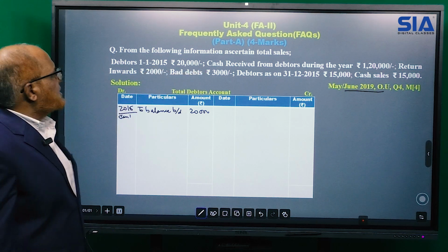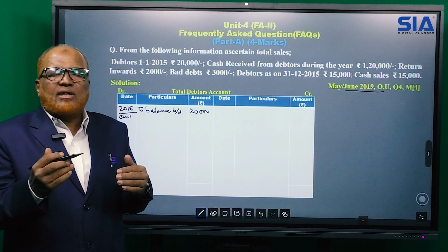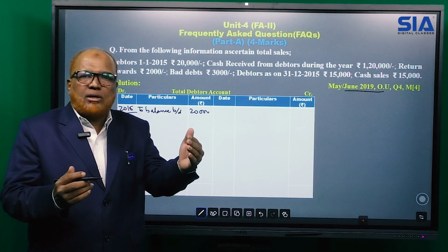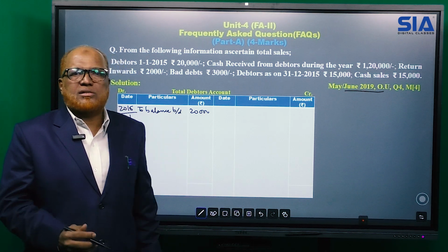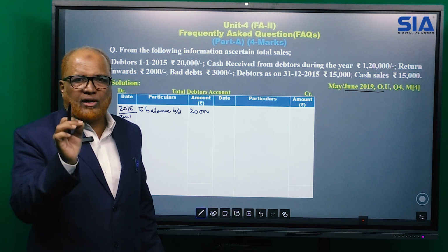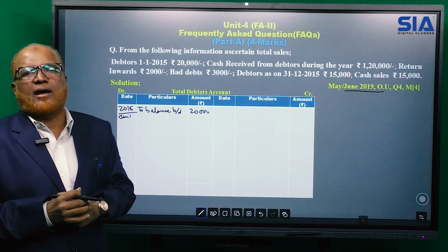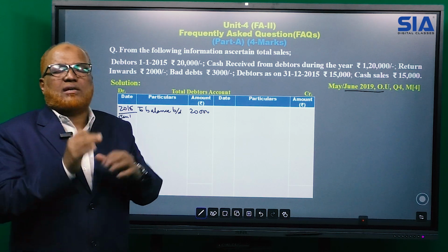Now, cash received from debtors during the year. When we receive the cash, bank account is debited and debtors account is credited. Until you are confident about the entries, you will find it difficult to prepare the account, so always go to the basics.